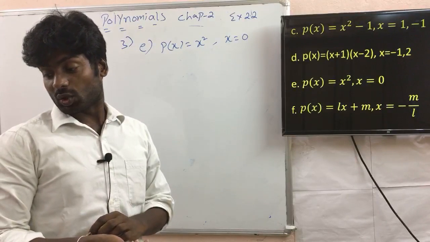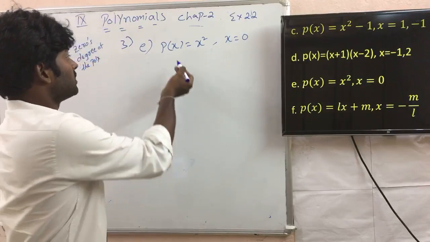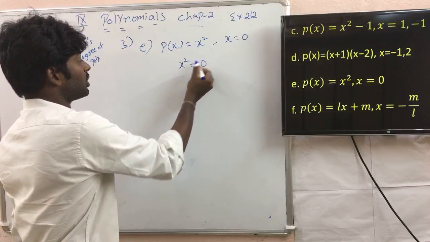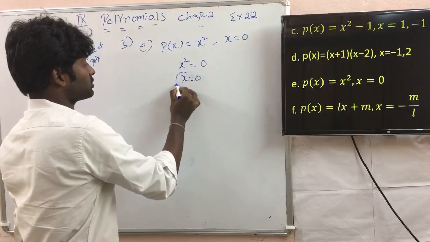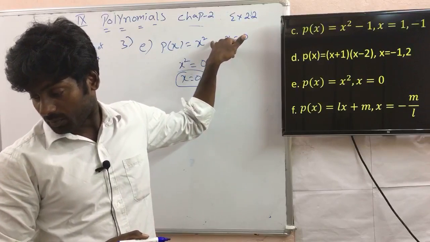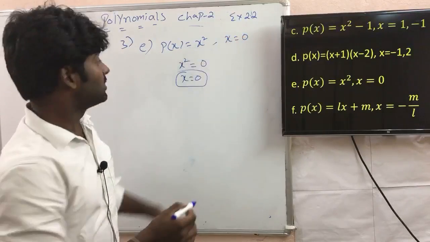Type whether it is yes or not. So x square equals to 0. Obviously x equals to 0. So 0 is the 0 of the given polynomial. Yes, it is given yes.